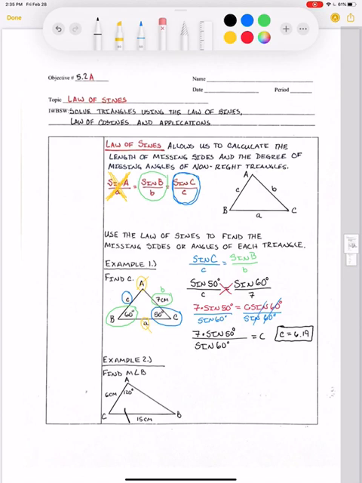In example 2, it asks us to find the measure of angle B. So angle B is here. I know that side B is over here, so I'm definitely going to use that. Then I also notice that I have this A and this side over here. This is side little a.